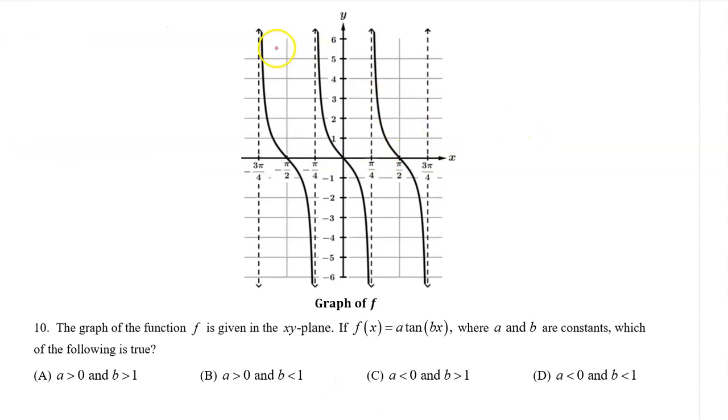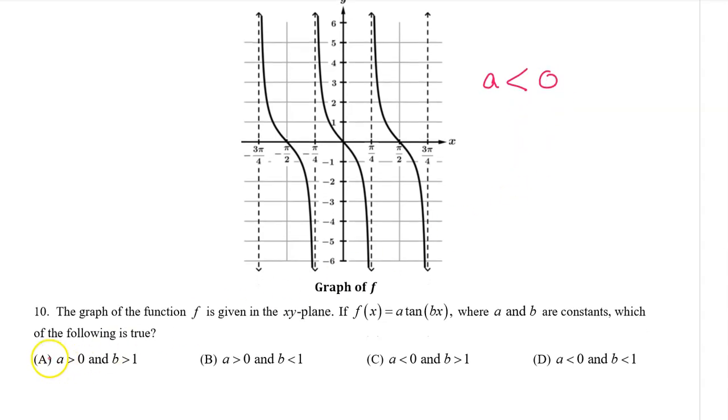And that's what we see here. Because these waves are decreasing, we know that this tangent function is a reflection over the x-axis, and the a value must be negative. So we can eliminate option A and option B. We've narrowed it down to C or D.